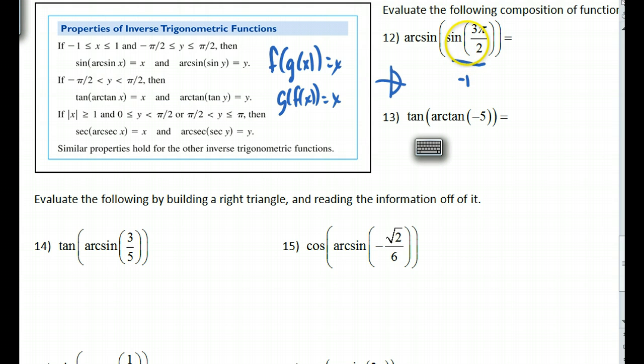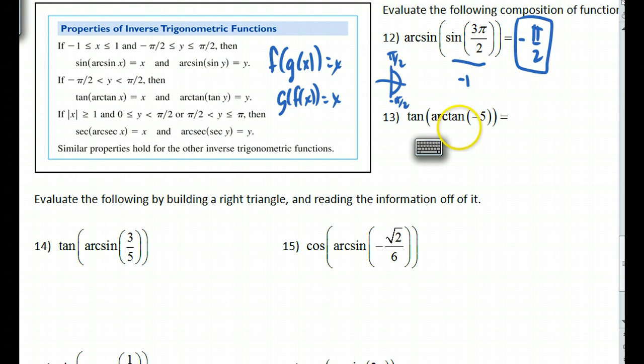But I need to take care of this value, which would not be 3 pi over 2 because I'm only looking at from negative pi over 2 to pi over 2. So this answer is actually negative pi over 2. So it's not a straight cancel. You've got to think about that a little bit. Take the sine value, get it, and then figure out where you are in these two quadrants.